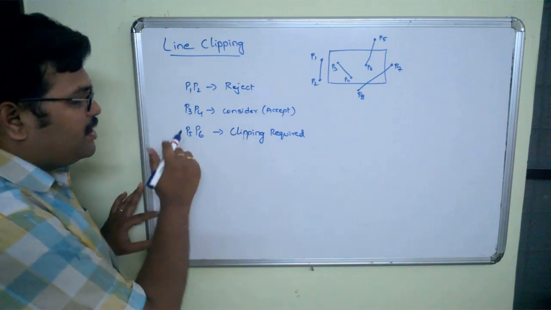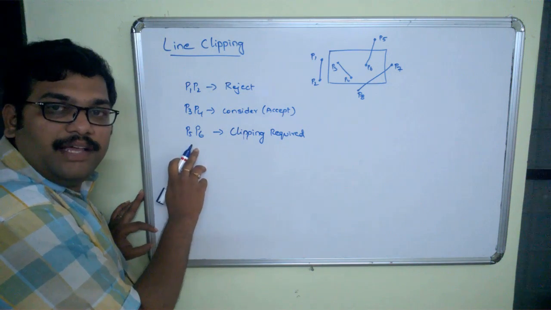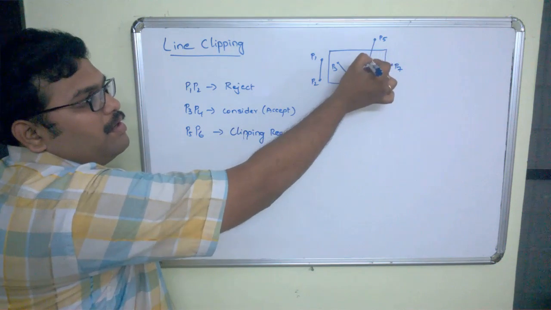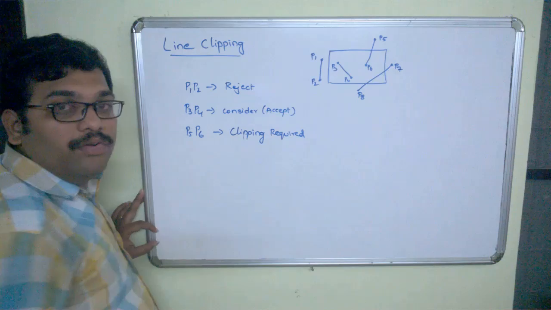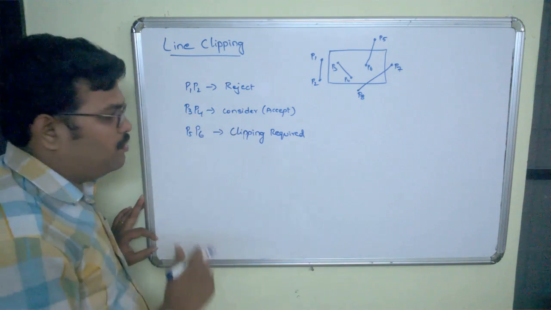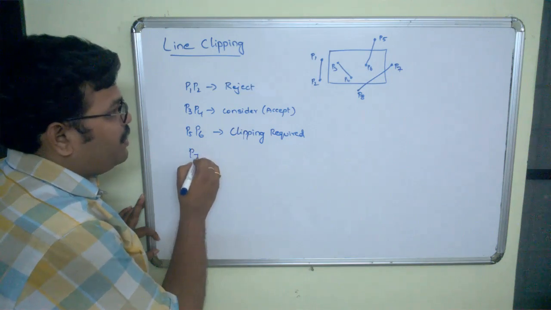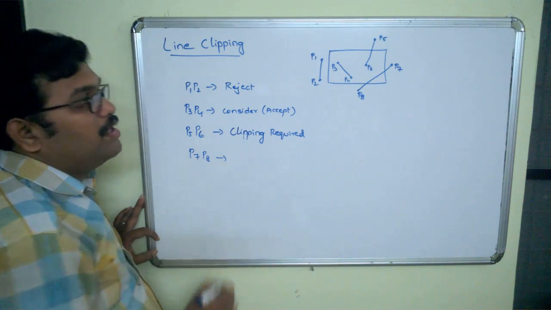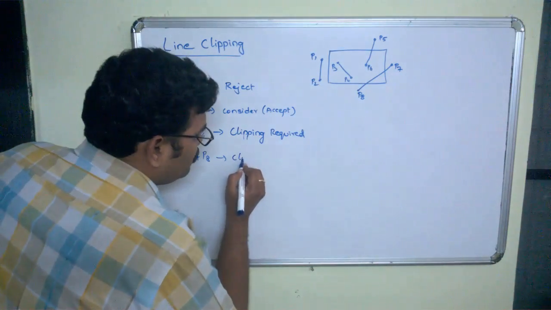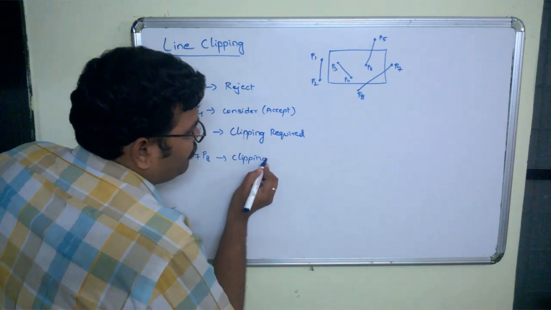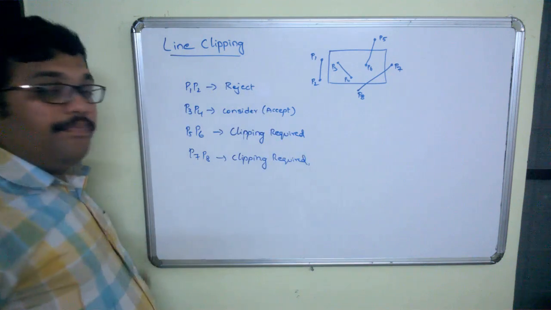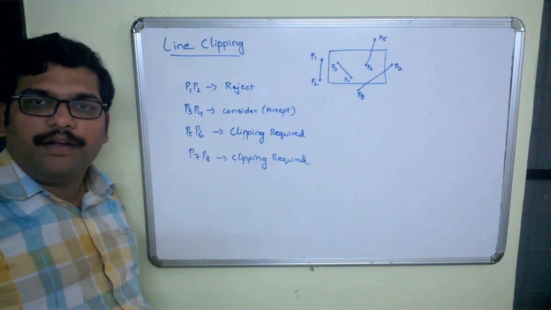In the case of the P5, P6 line, we need to clip the portion which lies outside the window. Similarly for P7 and P8, some portion is inside and some portion is outside, so here also clipping is required.